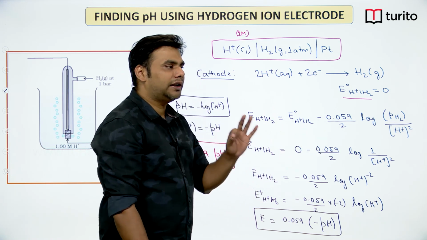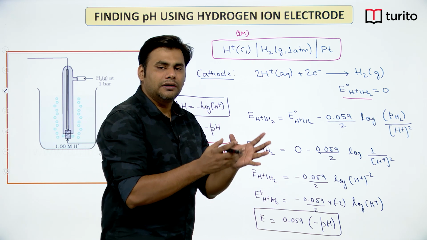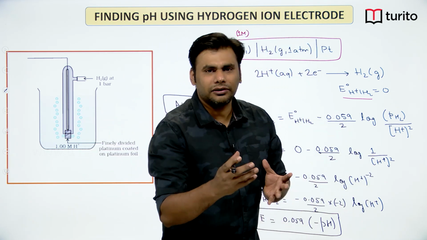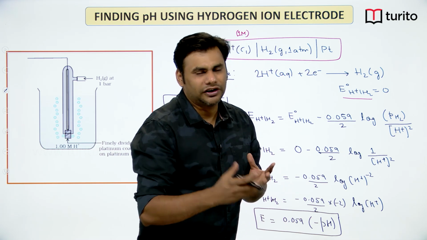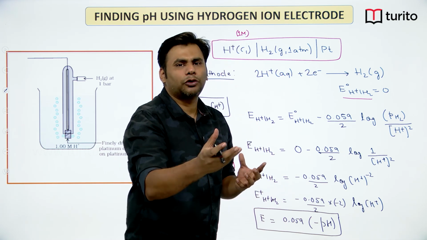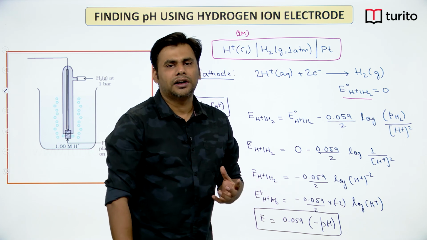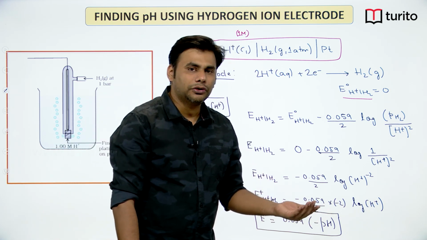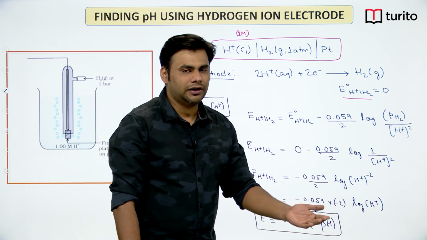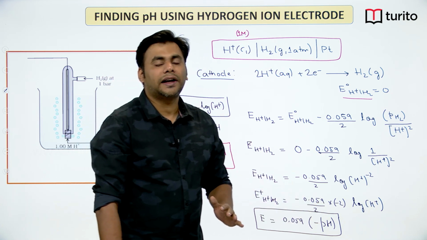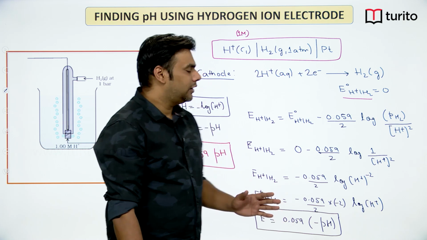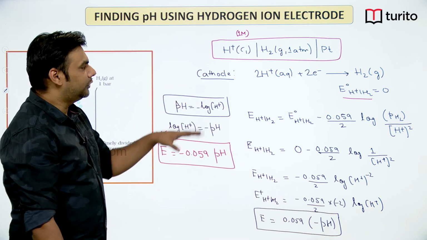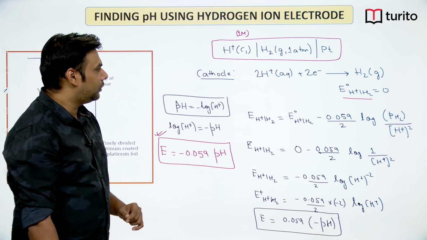Whenever the standard reduction potential is not written, and only it is written that the potential of the cell is minus 0.118, then you have to assume it as a reduction potential. If it has not been mentioned whether it is oxidation or reduction, you have to always take it as the reduction potential. So the reduction potential will be given to you, you can find the pH. Okay, hope this is clear to you. You can take a snapshot of this.